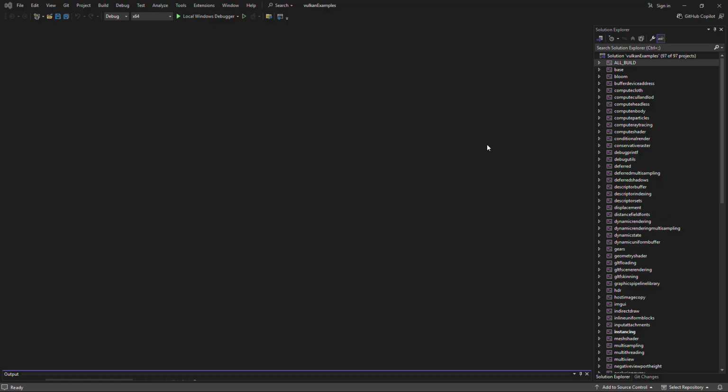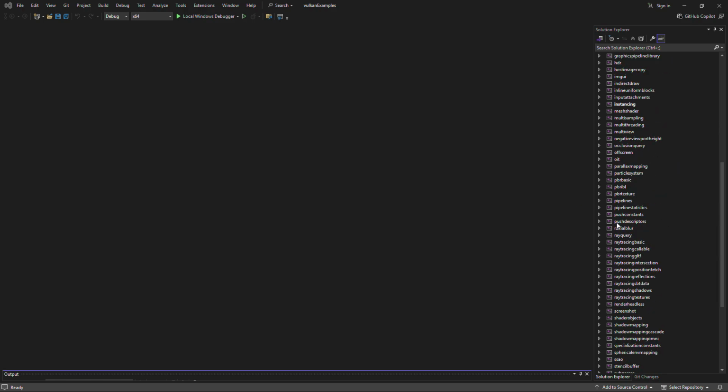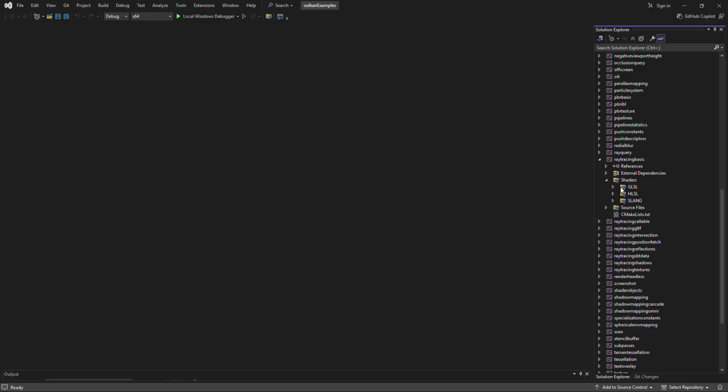Today, I simply want to highlight something that is rather important, and I didn't fully realize the importance of it in the computer graphics sphere, and even specifically the Vulkan sphere. Basically, I didn't realize that these shader languages that we play around with, even if we go down to ray tracing basic and go into the shaders, GLSL, right?